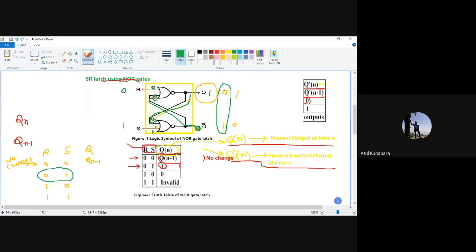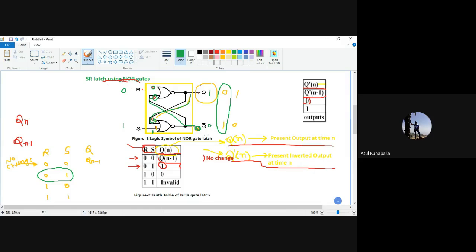It means which was earlier 0 has been changed from 0 to 1. And changing the output Q from 0 to 1 is called the set condition. In a sequential logic circuit, when your output changes from 0 to 1, we call it a set. So set condition has happened here. That means your output Q has been set by your set input S. And as your Q has been set equal to 1, your Q bar is obviously going to be 0 at that time. That is how we got that.